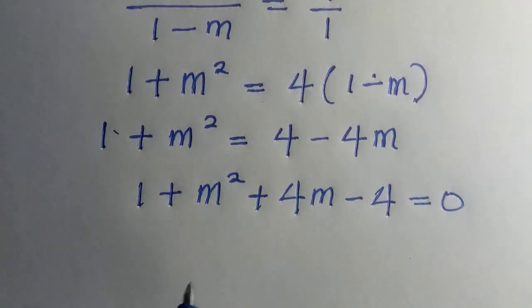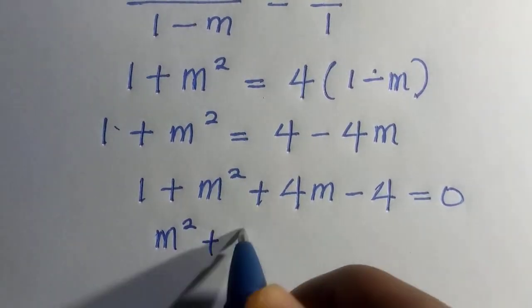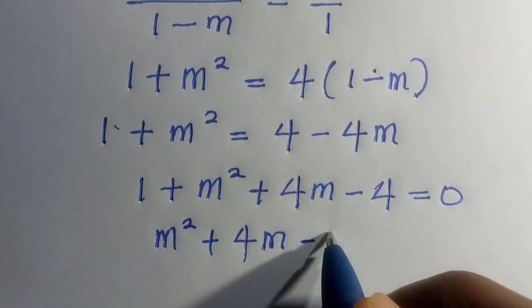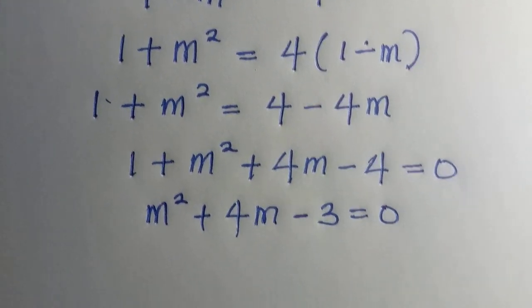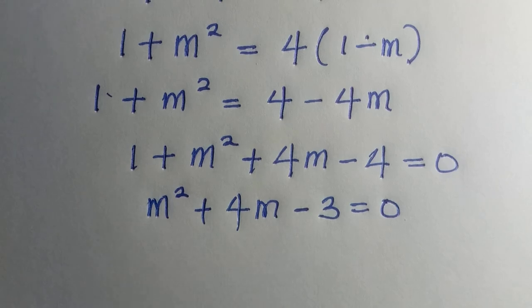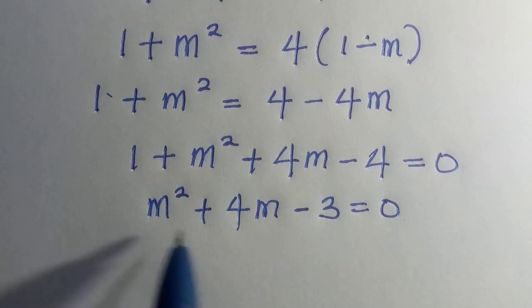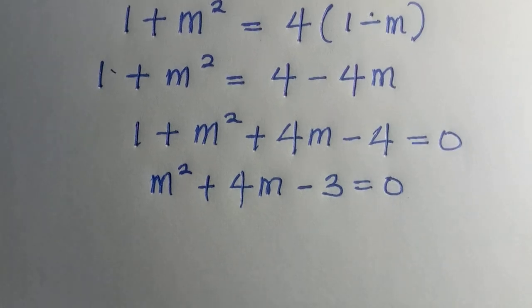So by proper arrangement, we have m squared plus 4m, then 1 minus 4 is minus 3, equals 0. Here is a quadratic equation because we have a square here. So we are going to solve this by using the quadratic formula.